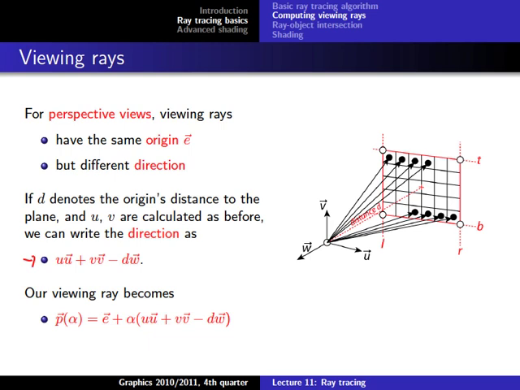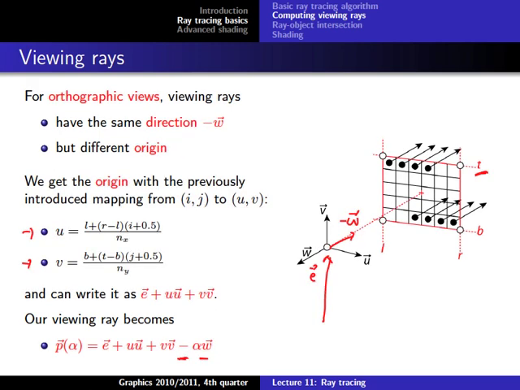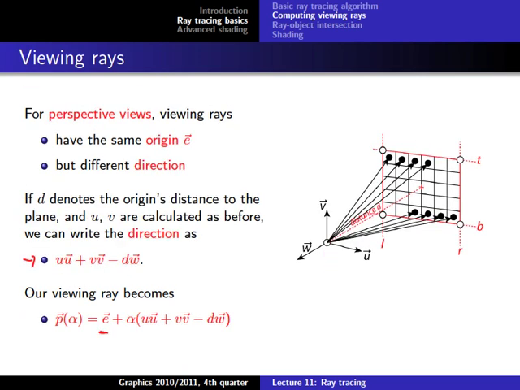Now we have it to get the different direction vector, and the origin is always the same, namely always the eye position. So you see here the equations look very similar, but they are very different, because here this describes our origin, and this is our direction vector d. So if we call this direction vector d, then this is our d, and this is our origin, whereas here this is our origin, and this is our direction vector d.